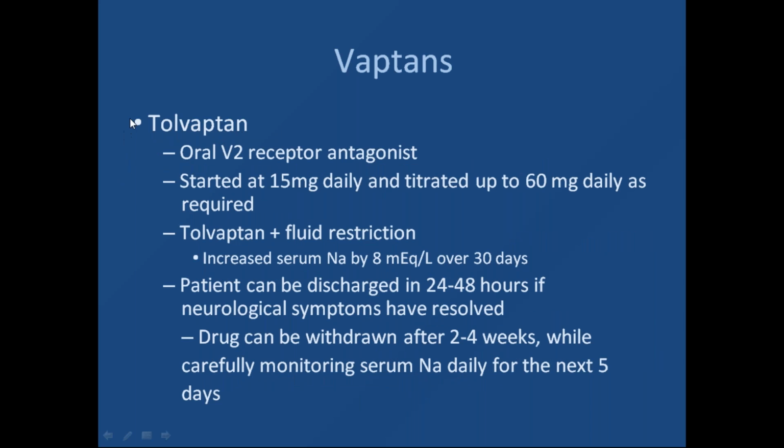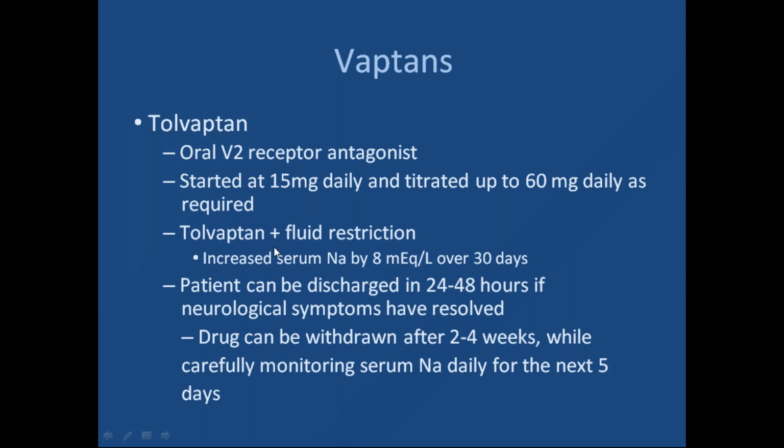What we use in our setting is tolvaptan, because it is an oral drug. We start it at 15 mg daily, and it can be titrated up to 60 mg. So it can be adjusted. This tolvaptan we can give for up to 2 to 4 weeks. But we have to monitor the sodium every 5 days, and if the sodium is getting corrected, we can withdraw the drug.